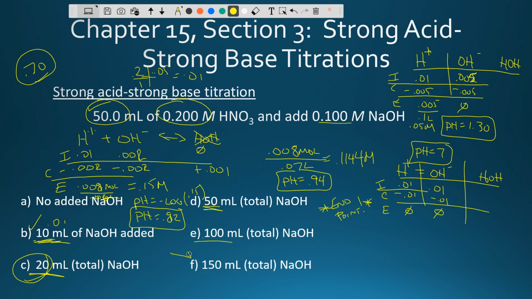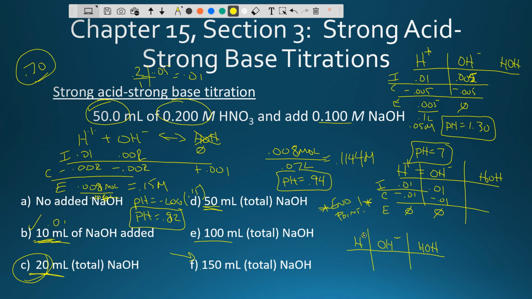Okay, now if I've hit my end point, I know that I'm going to end up with a pH that's going to be above that 7 point. Okay, so let's just take a look at what happens when I add in 150 milliliters total. Remember, that's 0.150. And so my hydrogen, this is the last one I'm going to be doing, hydroxide, I'm going to be making my water.